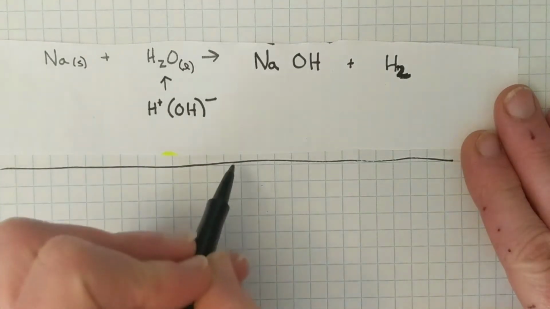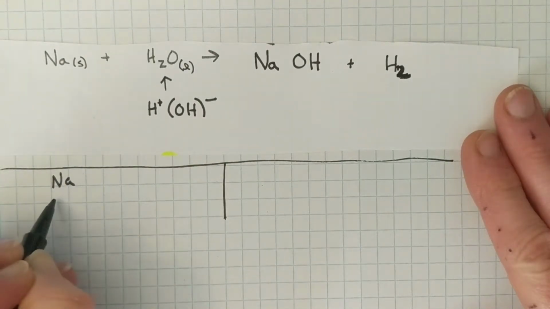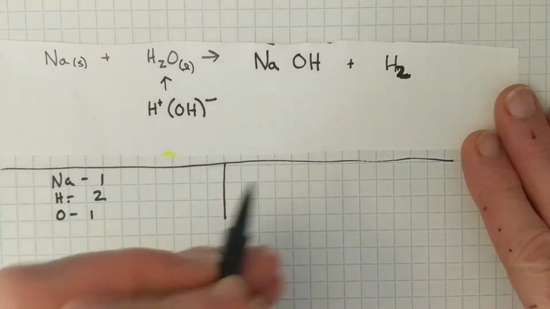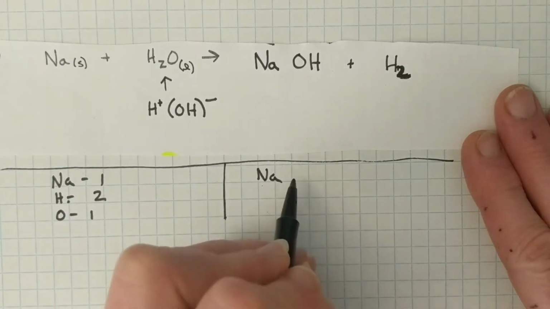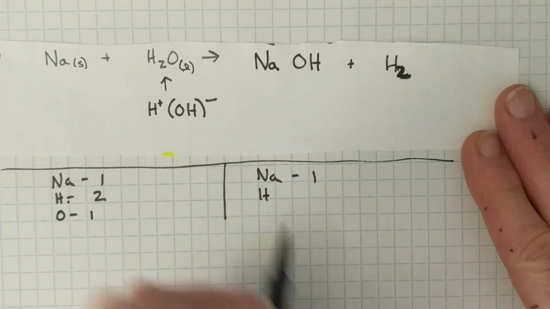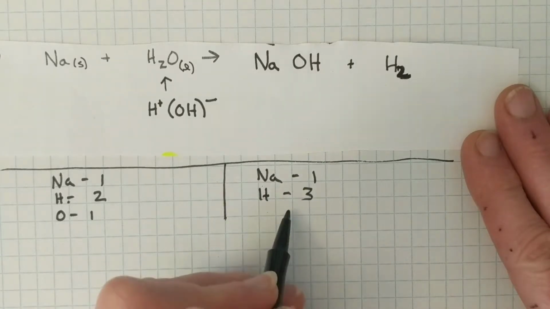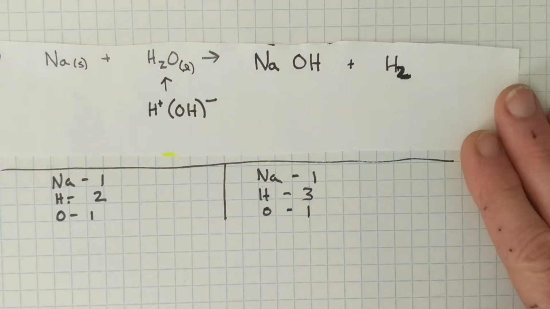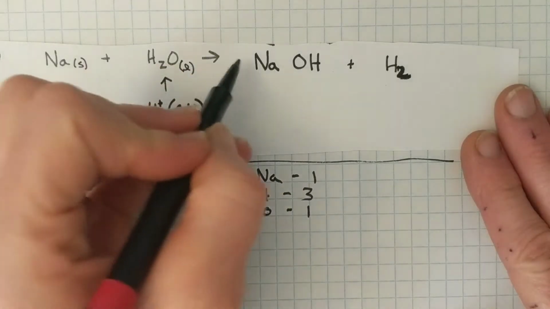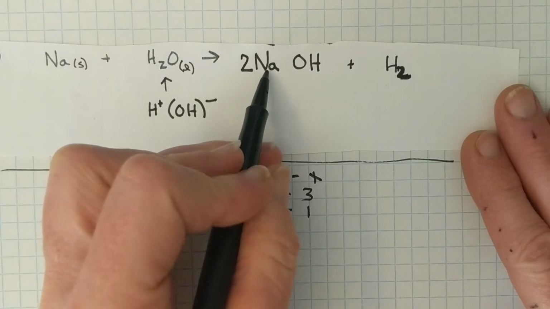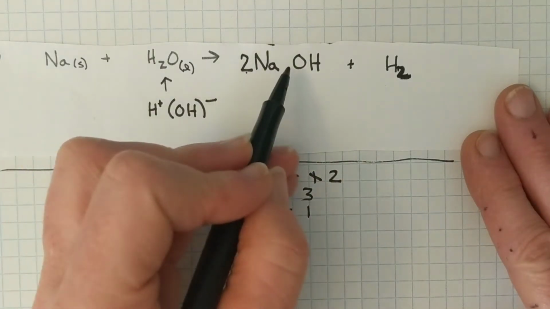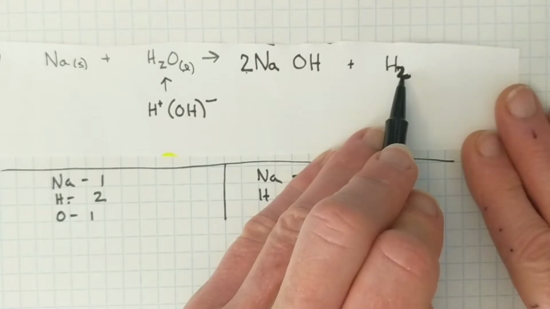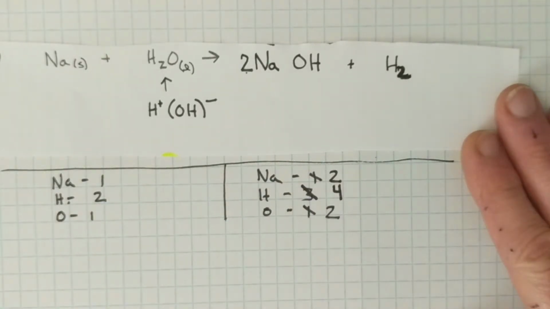And so you'll balance: Na, then we have two H's, we have one O, we have Na, we have three H's, and we have one O. So what I'm going to do is start out with getting this H even by putting a 2 here. 2 times 1 is 2, so that's 2 sodiums. 2 times 1 is 2, that's 2 oxygens. 2 times 1 is 2 hydrogens plus 2 more. So that is a total of 4 hydrogens.